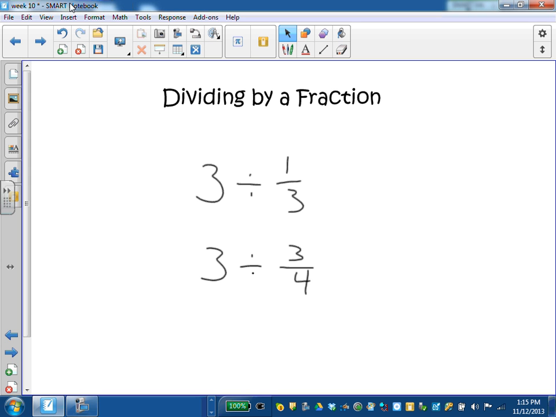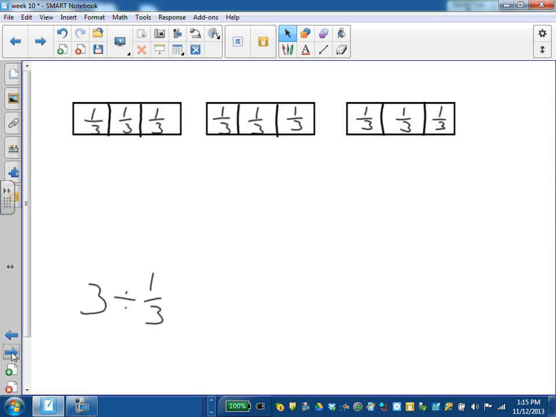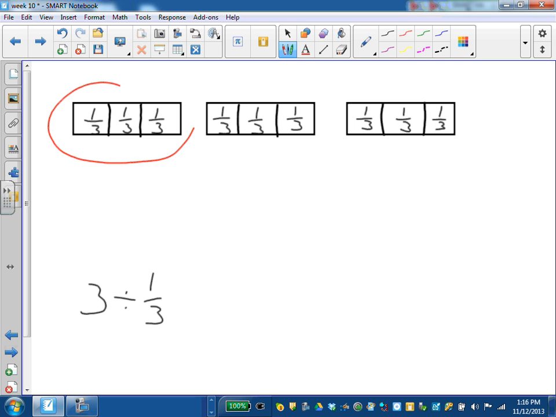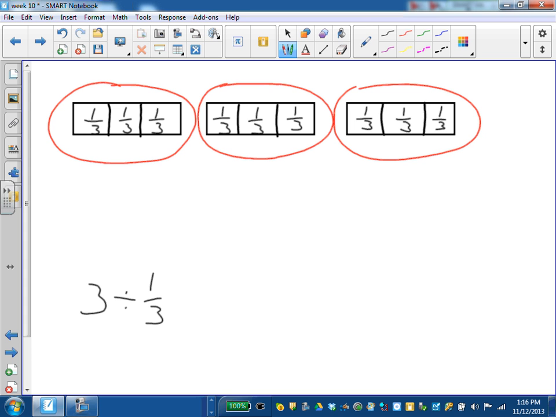So what I want to do is start off by drawing some pictures. And let's take a look and see what 3 divided by 1/3 would look like if we made some pictures. Okay, so I have drawn 3 separate shapes, 3 rectangles, and I broke each of them up into thirds.